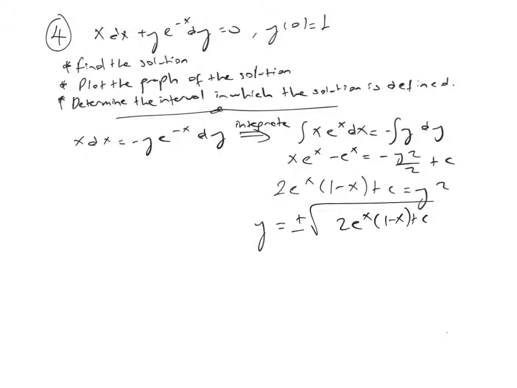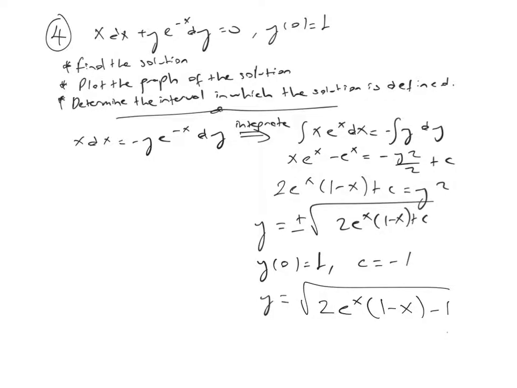Here we will use the initial condition, which is y(0) is equal to 1, and from here we get c is equal to minus 1. So in order to satisfy this initial condition, the sign in front of the square root must be plus. So y is equal to square root of 2e to the x (1 minus x) minus 1.